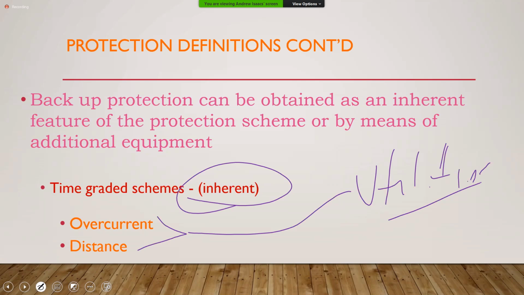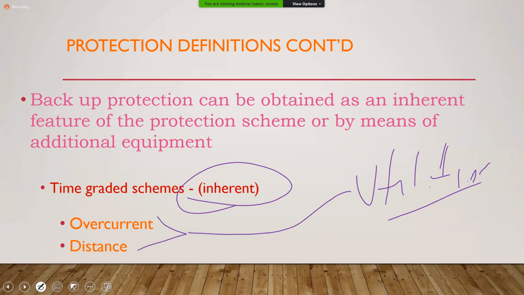Yeah, that's utilities, okay? So your backup protection can be obtained as an inherent feature of the protection scheme, or you have to get additional equipment to put it in.